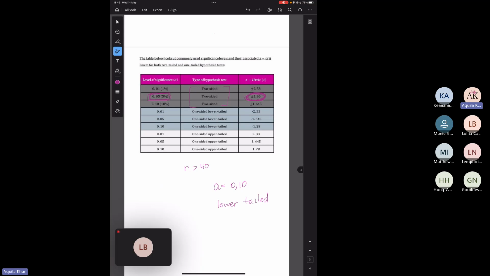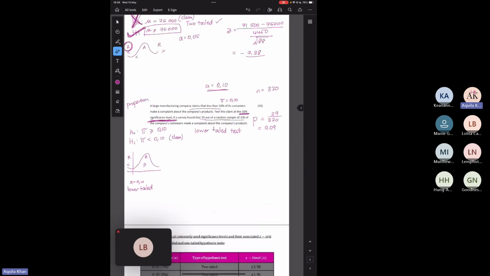So here is your lower tail test now. It is the blue region, sort of, here in the table, and we're looking for 0.1, which is the first one here. So in line with one-sided lower tail, then 0.1, it's minus 1.28. So this is your critical limit, minus 1.28, which you'll go back to the diagram and write down under your critical limits that it is minus 1.28. As you can see, it is a negative because this is a one-sided lower tailed test.